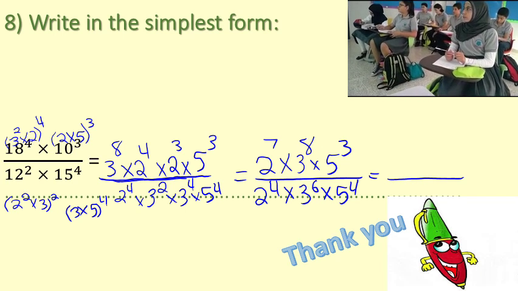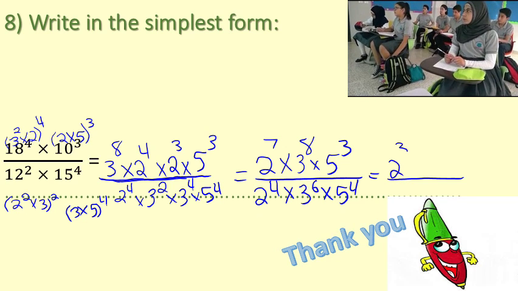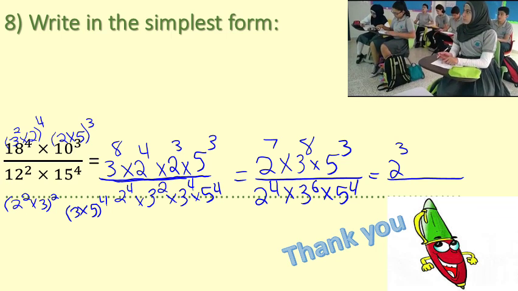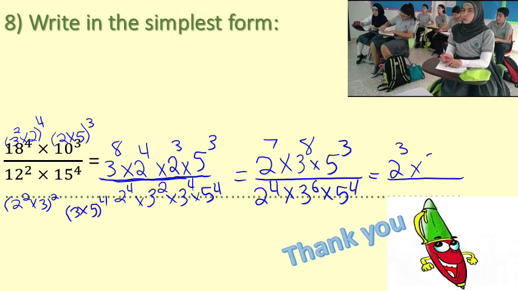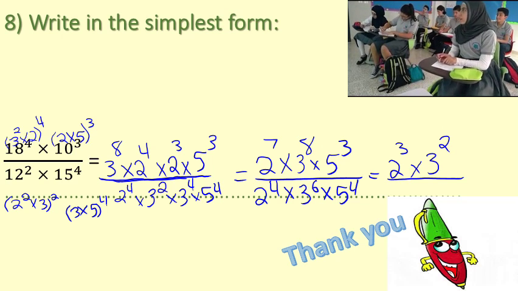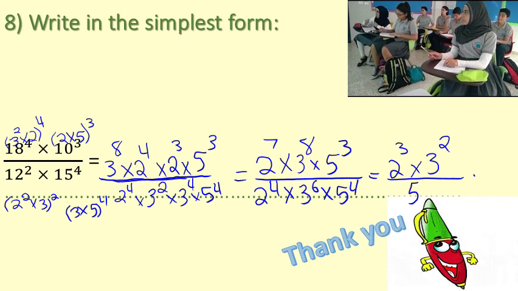So 2 to the power 7 over 2 to the power 4 is 7 minus 4, so up we have 2 to the power 3. Up we have 3 to the power 8, down we have 3 to the power 6, so 3 squared. 5 cubed over 5 to the power 4: up or down? Down. Down we have 5. Okay? So this is the answer. Thank you.